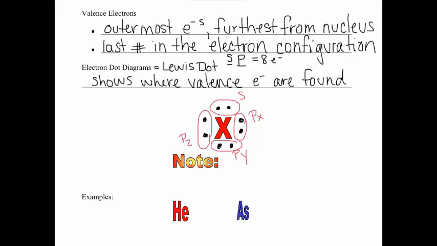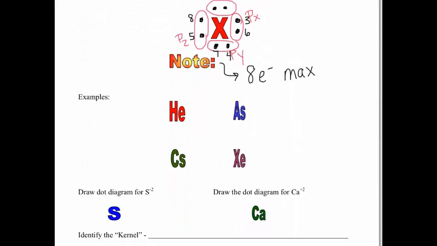All right, so the order we filled these were 1, 2, 3, 4, 5, 6, 7, 8, like so. All right, so keep in mind that there can only be 8 electrons maximum. All right, let's try some additional examples.